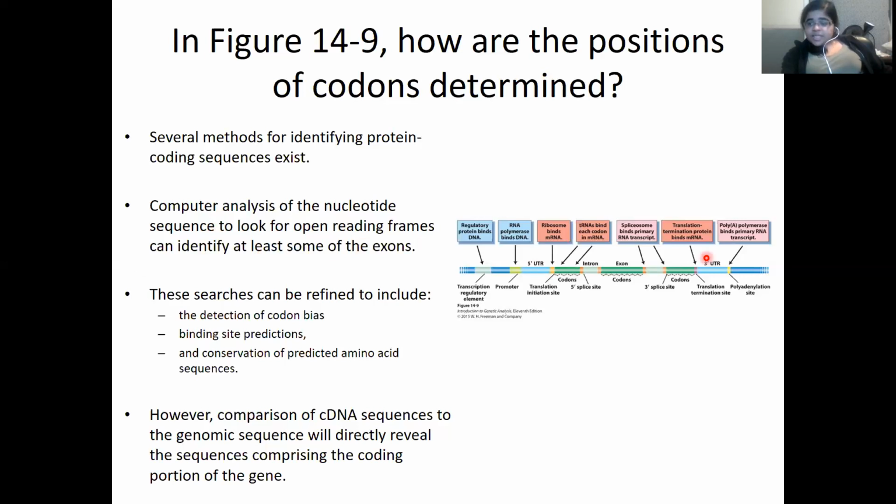It starts off trying to find the exons, and these searches end up getting refined to actually detect codon bias, binding site predictions, and conservation of predicted amino acid sequences.